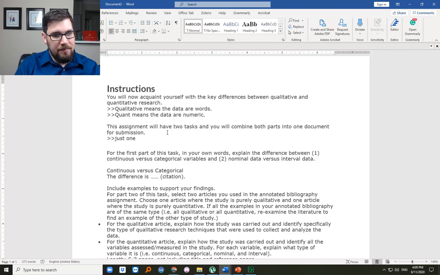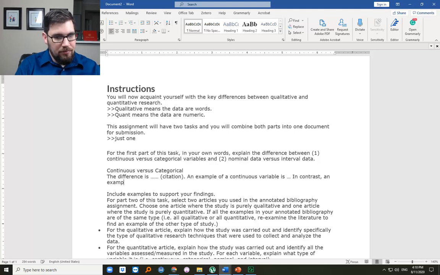And then here it asks you to include examples to support your findings. Okay, so basically this is the structure you should use.